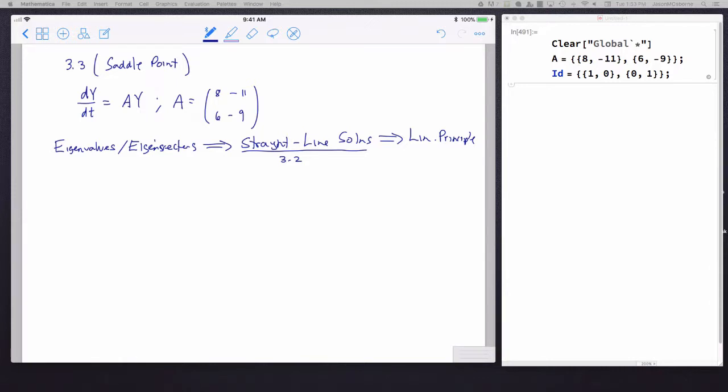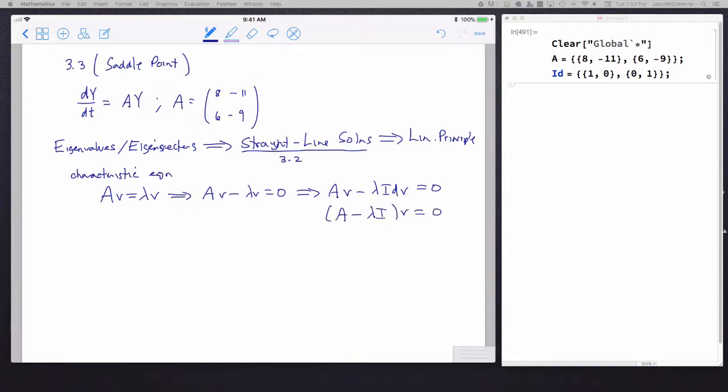Recall that for the eigenvalues, we need to define the characteristic equation, which was obtained by looking at the eigenvalue and eigenvector equation AV equals lambda V, subtracting lambda V from both sides, turning that into A minus lambda times the identity matrix times a vector V equal to 0, factoring out the vector V, and then we're looking for V not equal to 0 solutions, which means that we need the matrix A minus lambda I times V to have a non-zero solution.